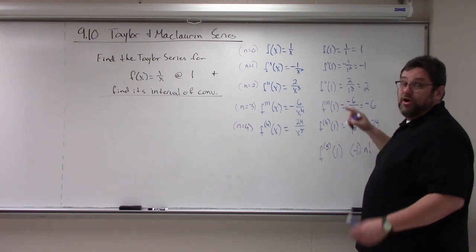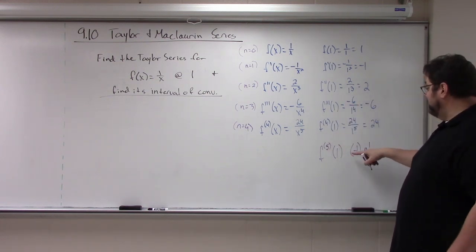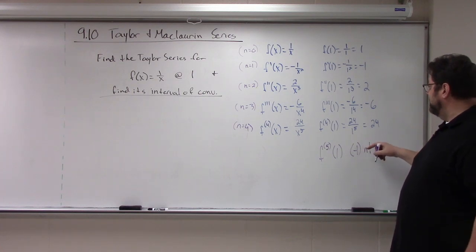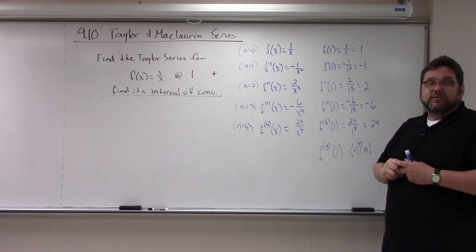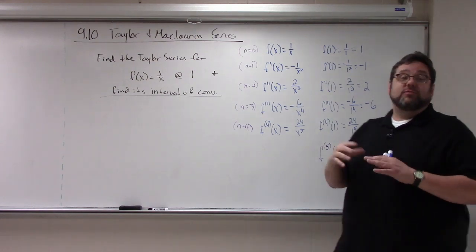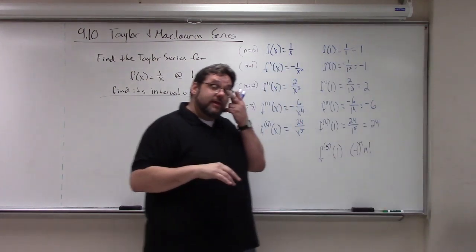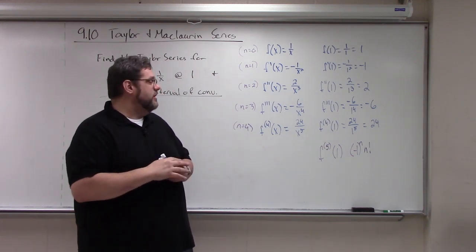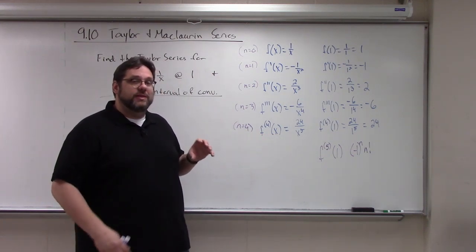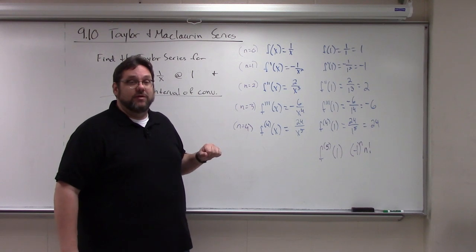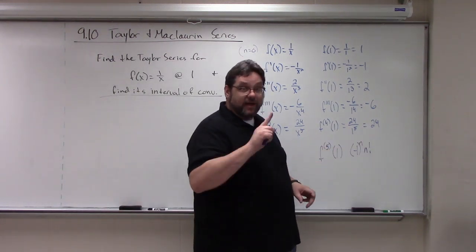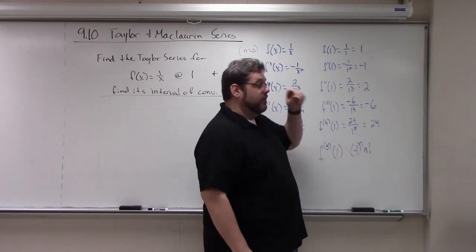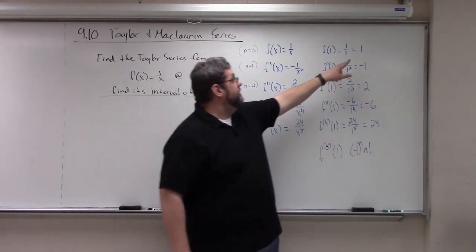But since I have the alternating part, I need negative 1 to something, and it's going to be negative 1 to the n. Now, you can have negative 1 to the n, negative 1 to the n minus 1, or n plus 1. You've got to come up with a way to formulate this that matches what you have. So at n equals 0, I have negative 1 to the 0, which is positive 1, times 0 factorial, and we said 0 factorial was 1.